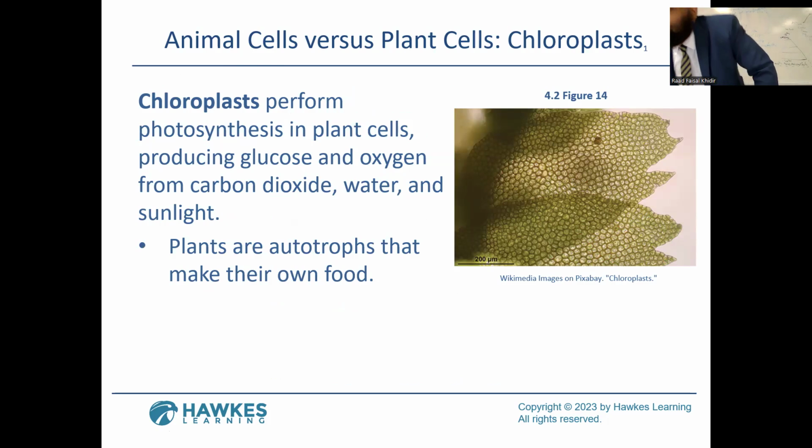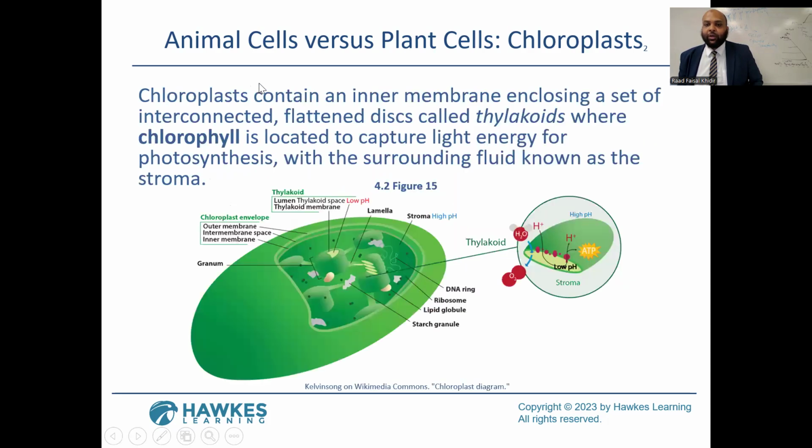So they make the food by themselves. They use sunlight to make the food. So the chloroplasts perform photosynthesis. That's important. Who's responsible for photosynthesis? It is the chloroplast. They produce oxygen and glucose from carbon dioxide, water, and sunlight. And plants are autotrophs that make their own food.